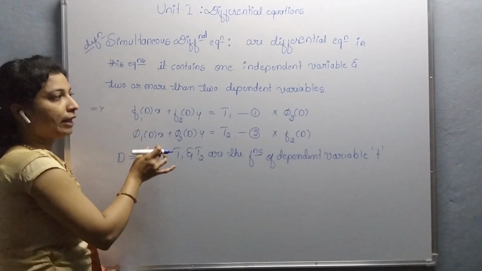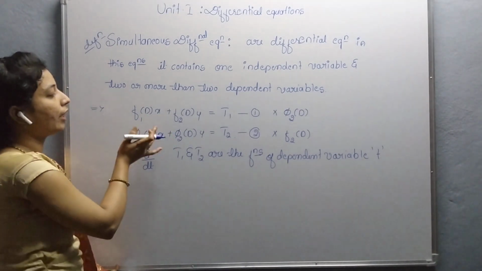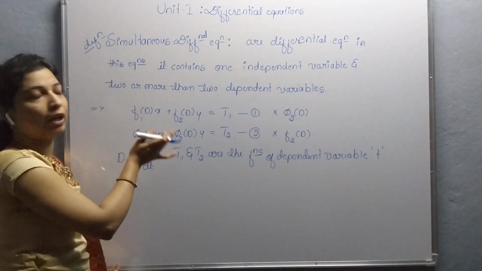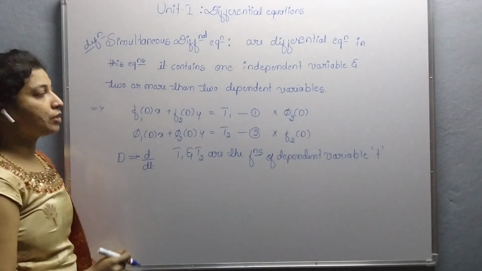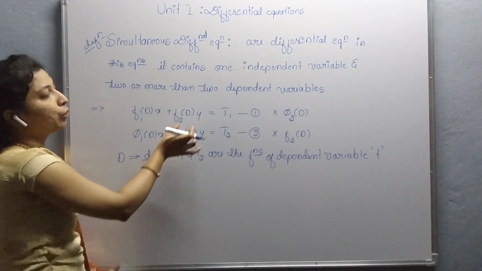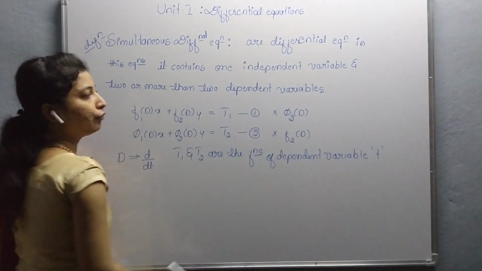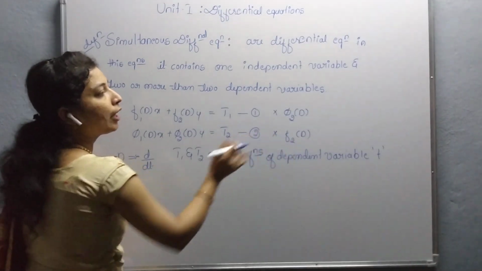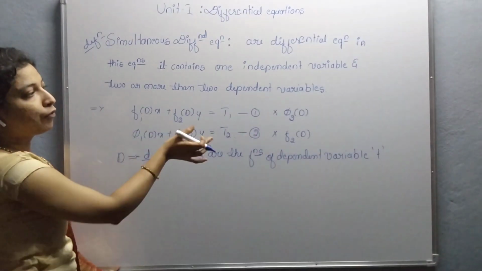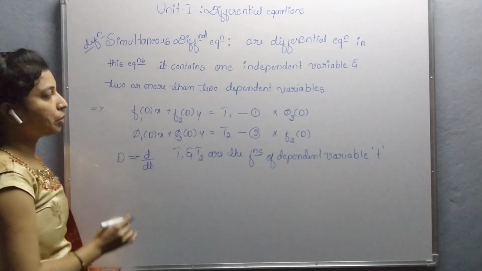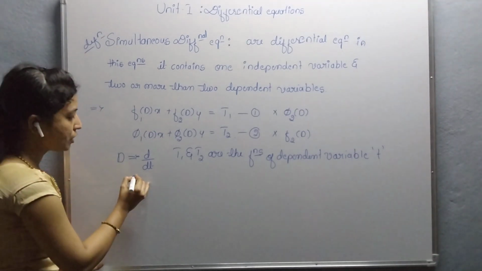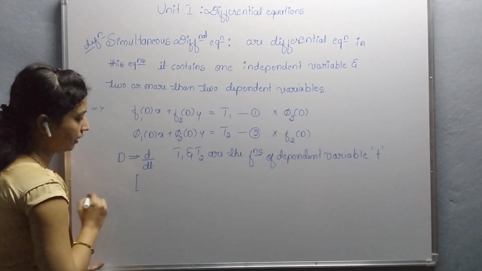Then we get the x value, and after getting the x value we can substitute it in equation 1 or in equation 2. So to eliminate the y term, I multiply equation 1 by phi2(D) and equation 2 by f2(D). Then we subtract equation 1 and equation 2.